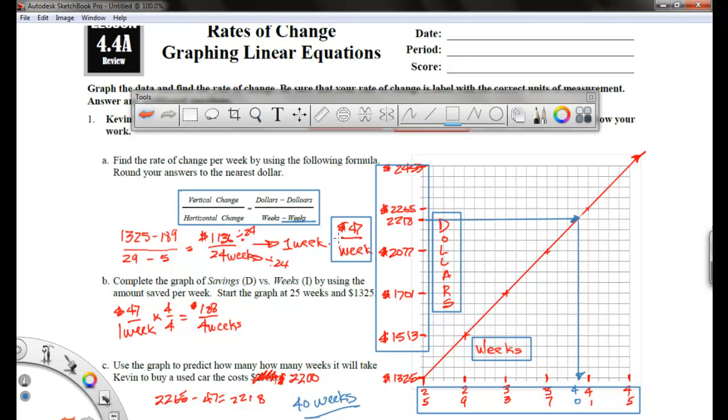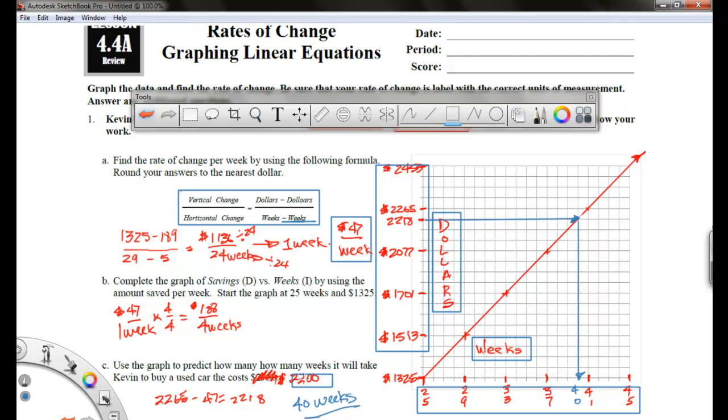So you're going to use this to figure how far you're going to jump across the bottom for each tick mark for each large unit, and then you're going to use this $47 to decide how much you're going to do here. And then use the graph to predict how many weeks it'll take to earn so much money.